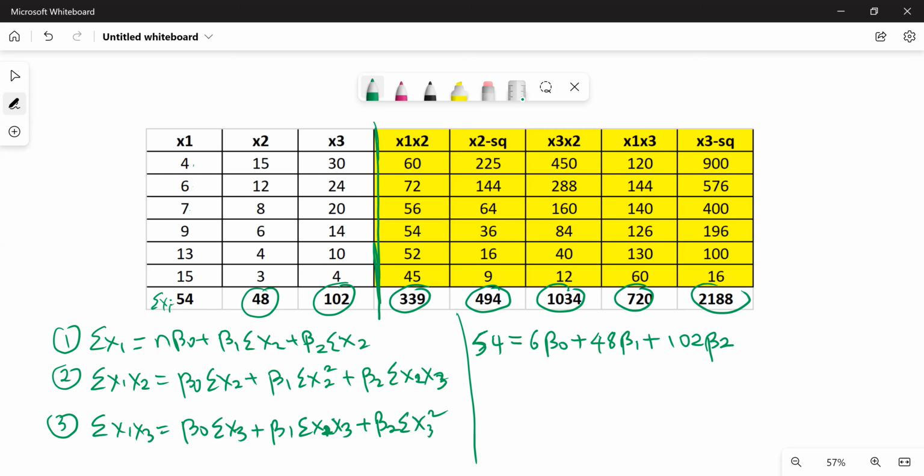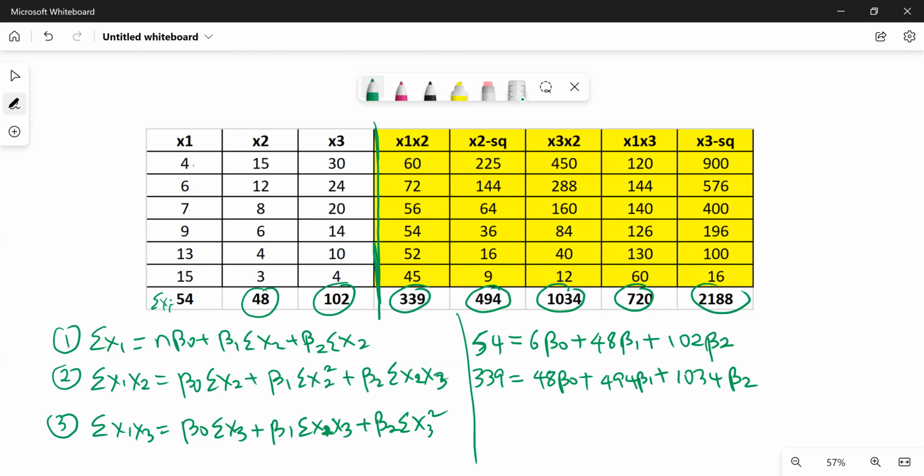The second normal equation will use x1 x2. So this is 339 is equal to summation of x2, which is 48, beta naught, plus x2 square, which is 494, beta 1, plus x2 x3, which is 1034, beta 2.